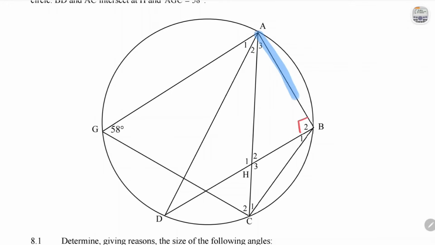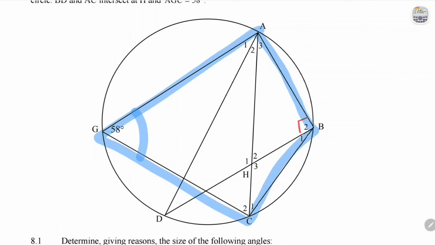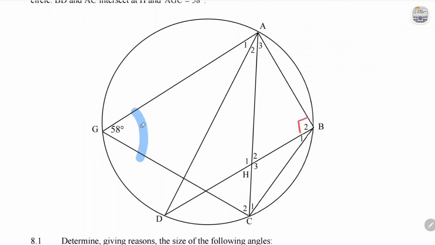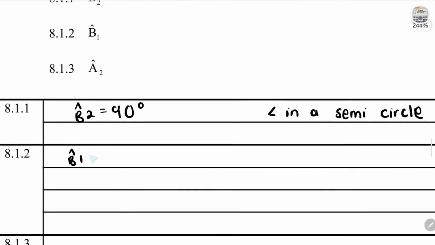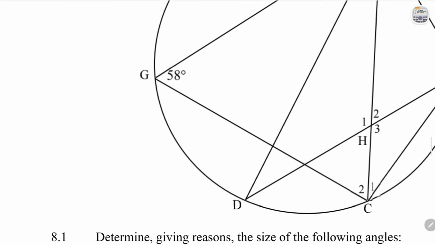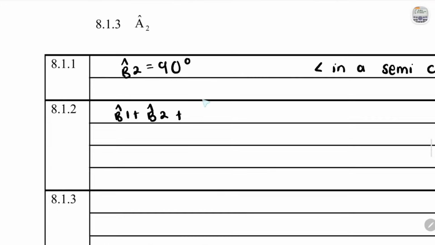And together, if you join A, B, C, G, we have a cyclic quad. And we know that the opposite angles of a cyclic quad add up to 180 degrees. So we can just tell them that angle B1 plus angle B2 plus that angle that we already have, angle G, which is 58 degrees, should add up to 180 degrees.